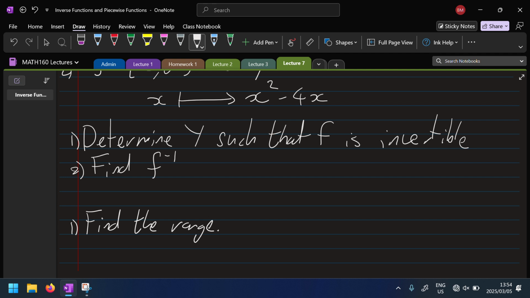Invertible equals injective plus surjective. Okay, what's the definition of surjective? No, check your notes. The surjective, what's the definition? Yeah, range must equal target. What is y? No, not the range, the target. So y is the target. It must be equal to the range. So we must find the range.